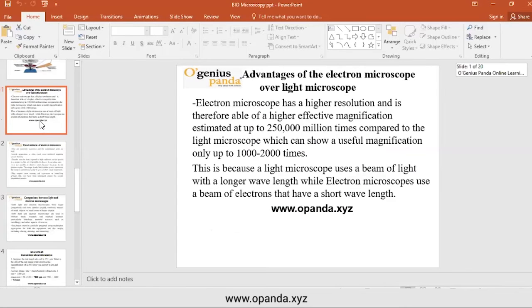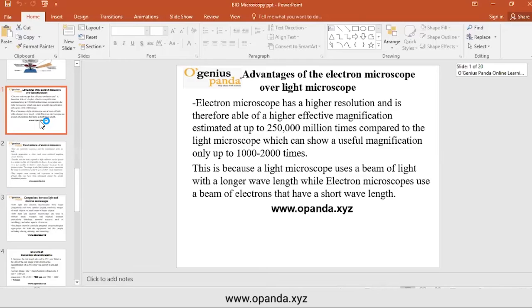Advantages of the electron microscope over the light microscope. Remember that the light microscope is the one we are familiar with in places like hospitals, schools, etc. The electron microscope has higher resolution and is therefore able to give a higher effective magnification, estimated at up to 150,000 times, compared to the light microscope, which can show a useful magnification only up to 1,000 or 2,000 times.